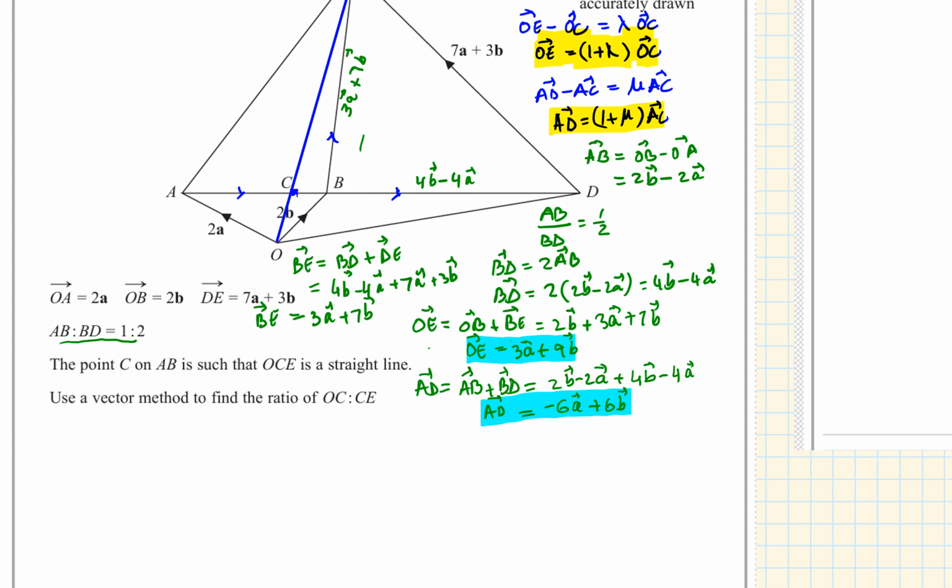Now we can write OA plus AC is equal to OC.